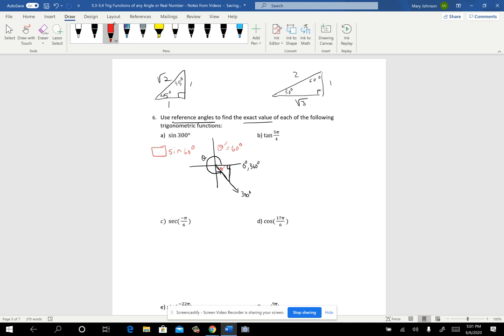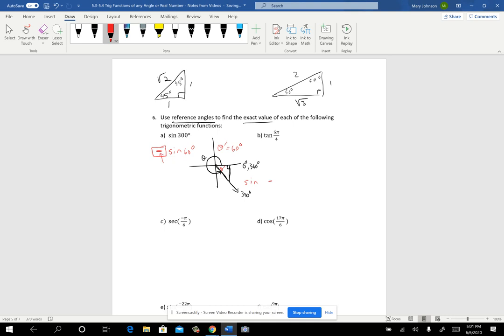Do you see where we're at and how we're down below the x-axis? We know that sine is negative down here. Sine is negative in this quadrant, so we are going to need a negative on that. So you get the sine of 60 and then just put a negative in front of it. That's it.